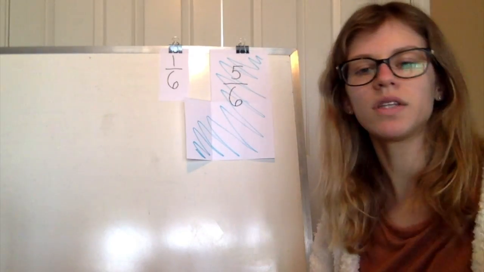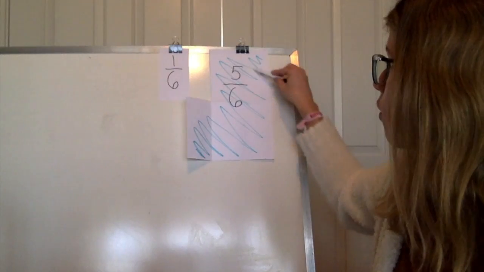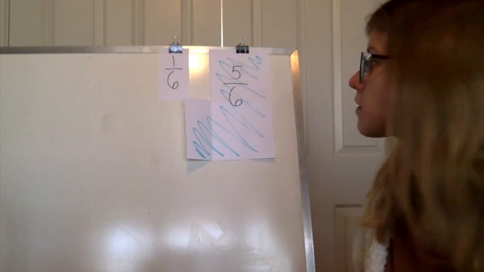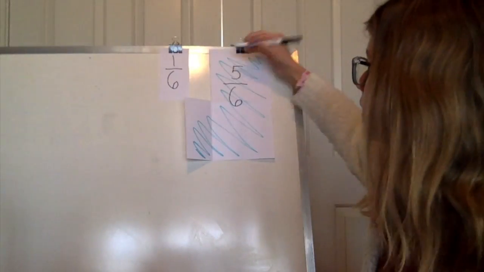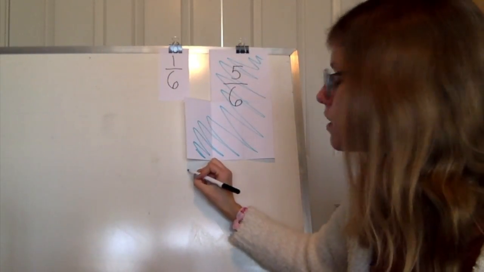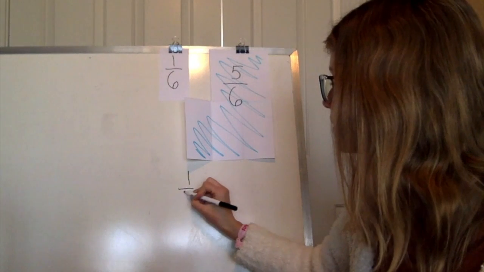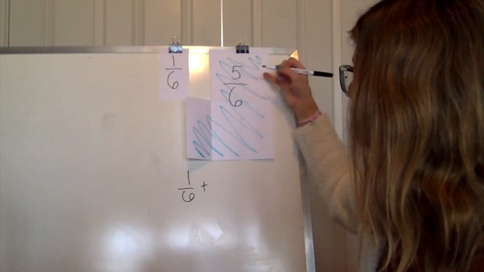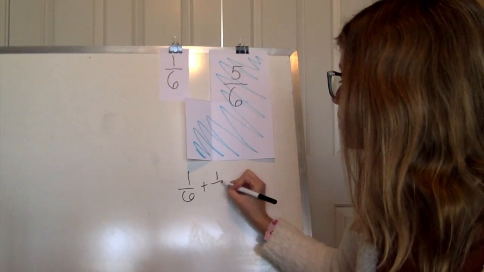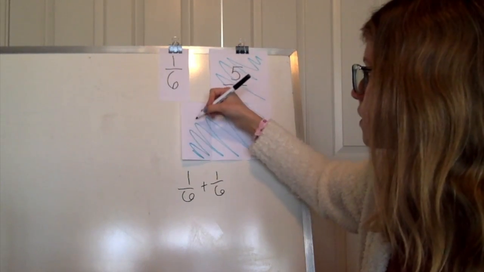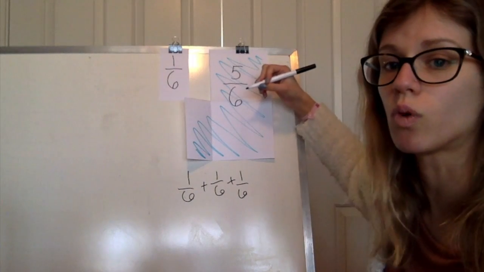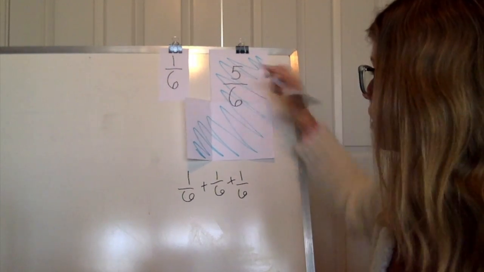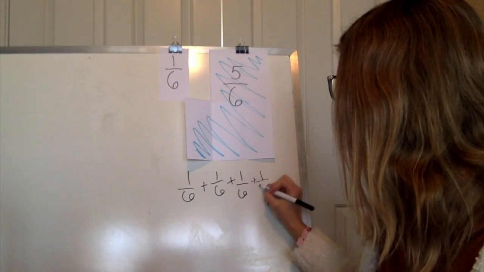Let's think, what is an equation that I can do in order to show how I figured out 5/6? I know that this piece is 1/6. This piece is 1/6. This is another 1/6. It's one part of the whole. Another 1/6.